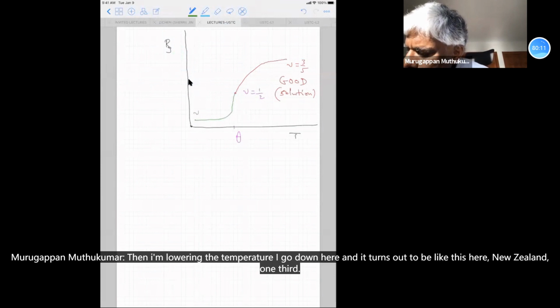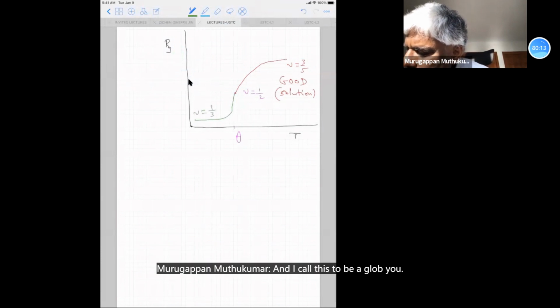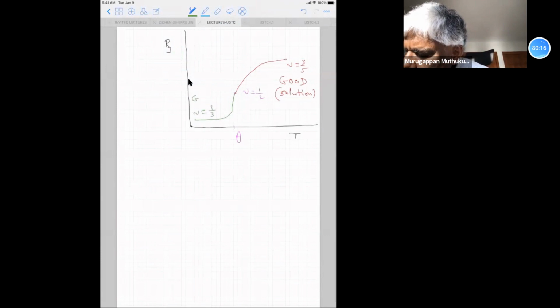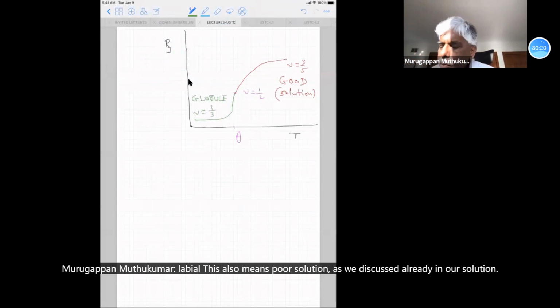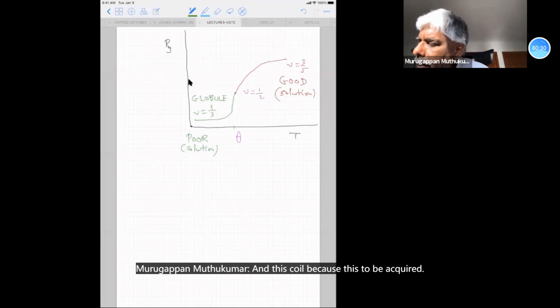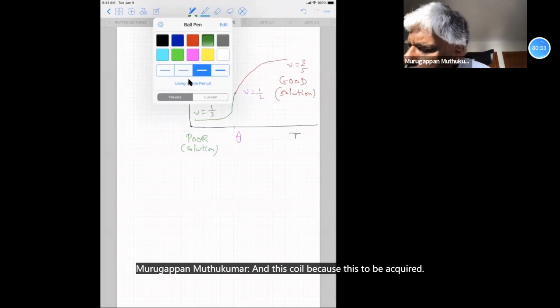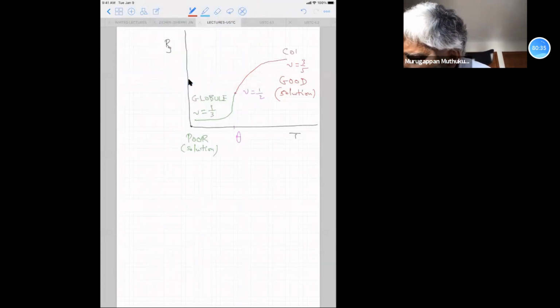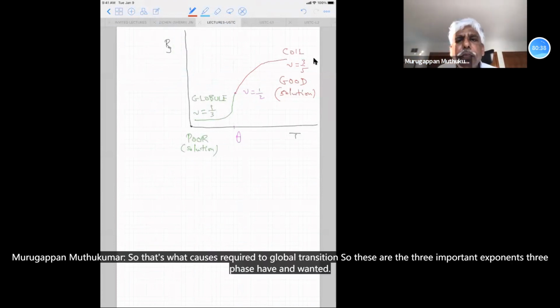Here, nu is equal to 1/3, and I call this a globule. This also means poor solution, as we discussed already. And this is a coil. That's why we call this a coil to globule transition. So these are the three important exponents: 3/5, half, and 1/3.